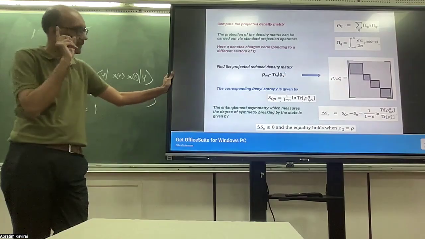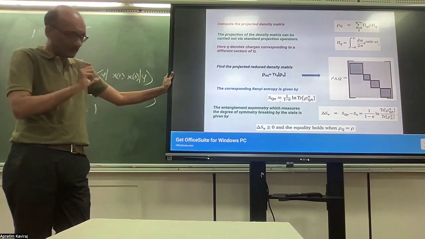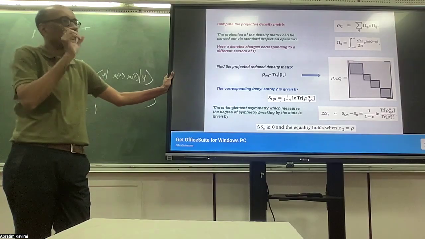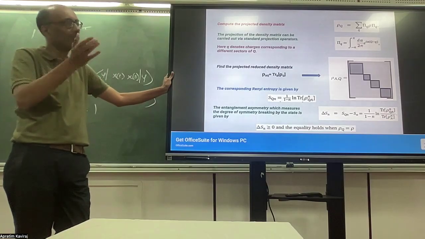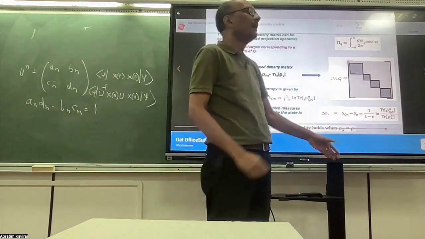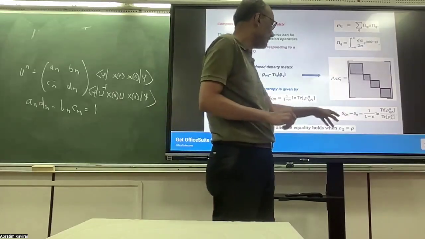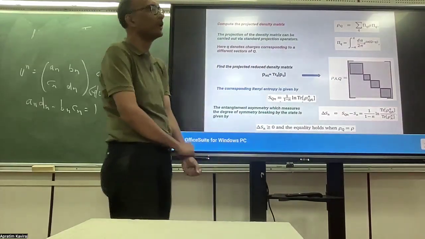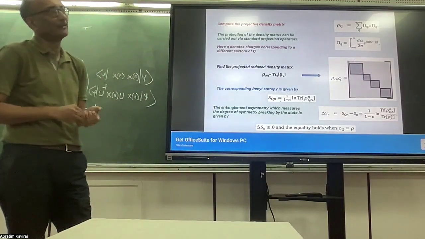One is I take the state, take its reduced density matrix, and compute the entanglement. The other is I take the state, project it to the symmetry sector, and find out the entropy corresponding to that. Then I take the difference, and it tells me how big this delta Sn is, because it's a monotonic function. It will tell me how much symmetry is broken.